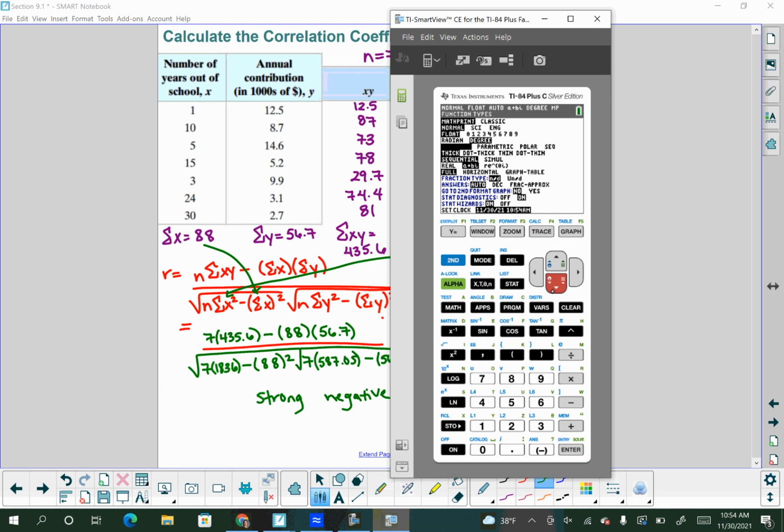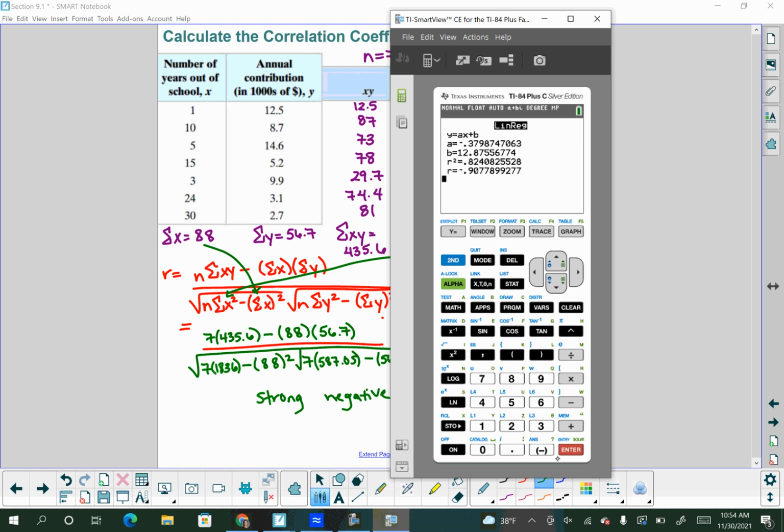And then if you go down to where it says stat diagnostics, towards the bottom, turn that on. Okay, so now do it again. Stat, calc, 4, enter, enter, enter, enter. And now you should have an R. Are we good? Okay.